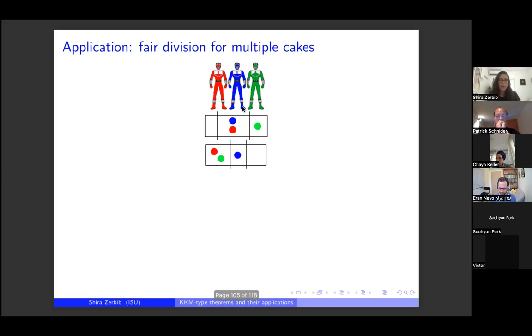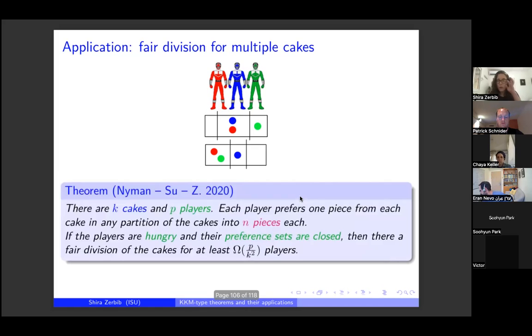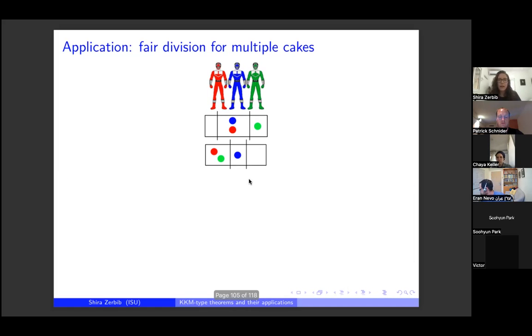For example, in this partition, the blue player has chosen the middle piece in both of them, the green has chosen these two, and so on. And what I'm looking for is a partition of the k cakes into n pieces each, such that many players are satisfied, so that many players prefer pairwise disjoint k-tuples of pieces.